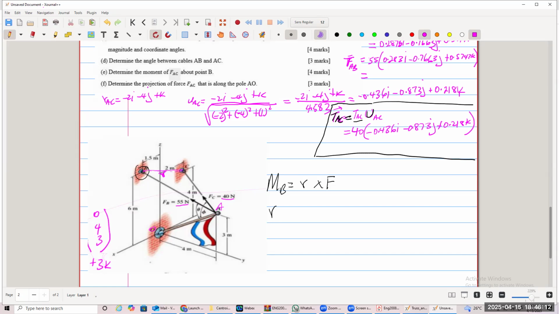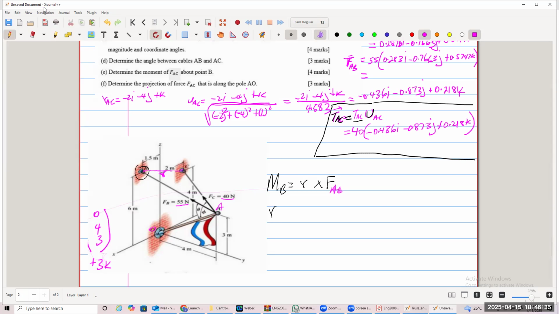Which position vector would you use now? You already know it's AC. Which distance are you supposed to be using? What's the position vector that you're using? You already know the force. The force is the AC force you have.